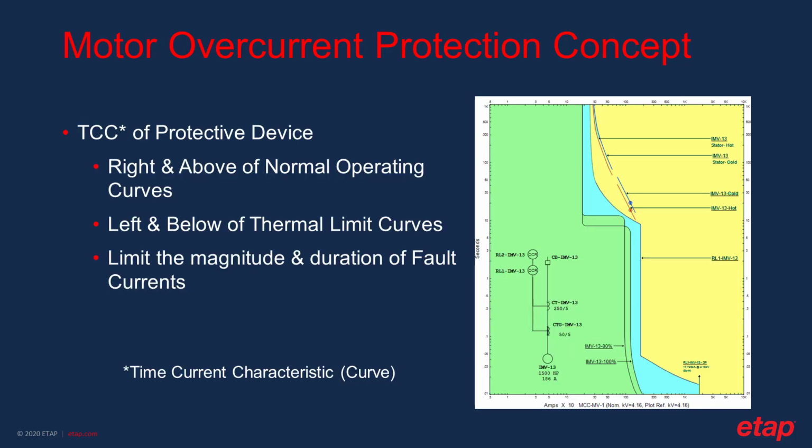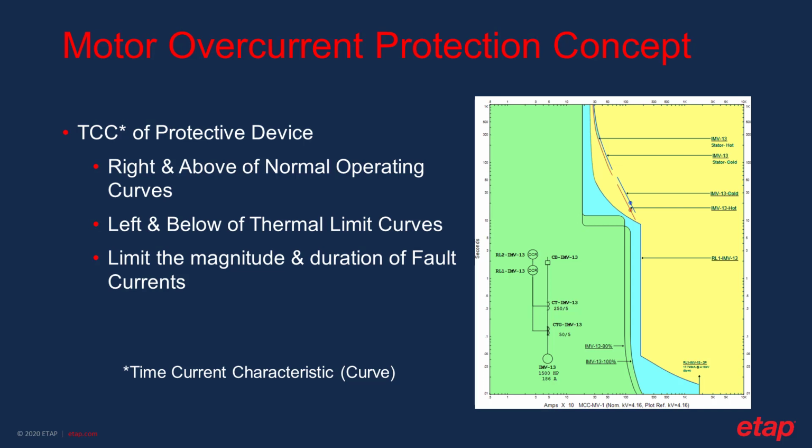After knowing the operating characteristic of the motor based on the nameplate or manufacturer provided data, we can plot the starting and running curve of the motor. The thermal limit curve of the motors typically need to be provided by the manufacturer, and for the smaller size of the motors it is hard to find.